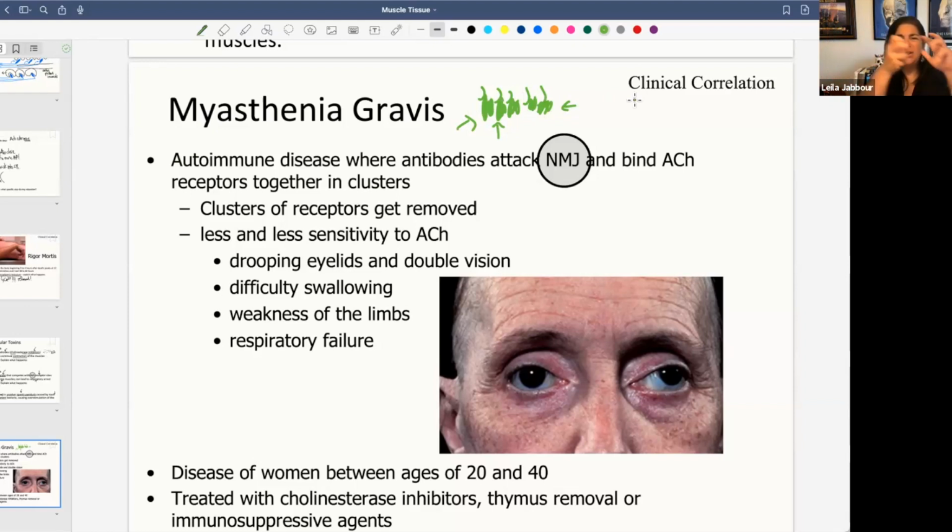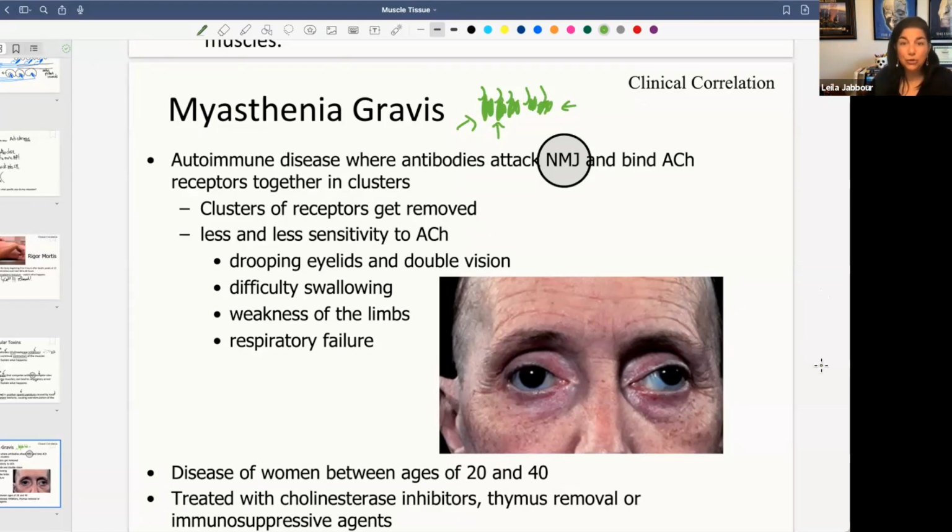These antibodies are basically coating them and clustering them, and they become not available for binding of the acetylcholine. It's like a big jumble of molecules on the surface of the cell because of the antibodies attacking the surface. So the acetylcholine can't bind.